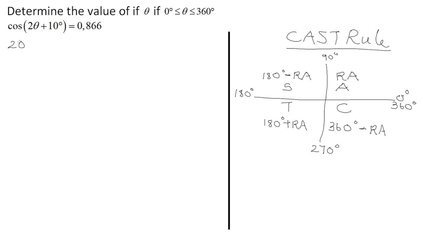2 theta plus 10 degrees is equal to, I like writing the full word here, arc cos of 0.866. And if you punch that into your calculator, you will get a value of 30 degrees.